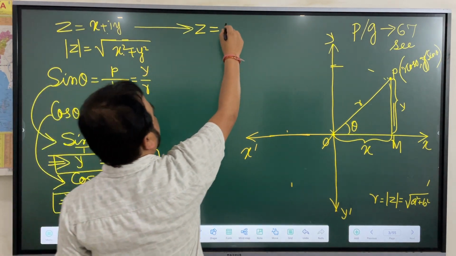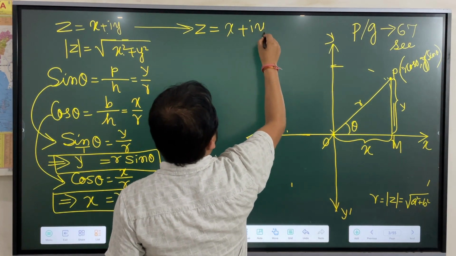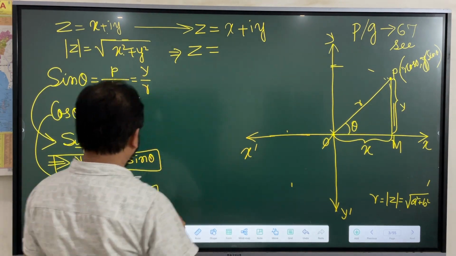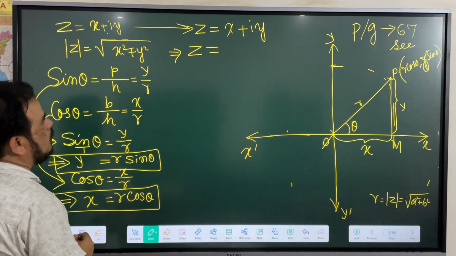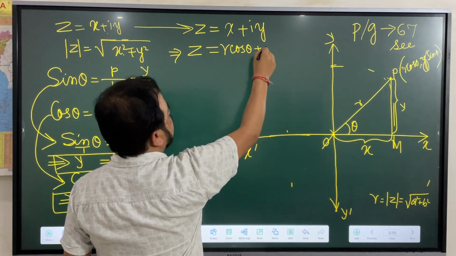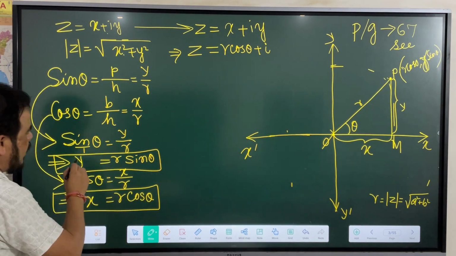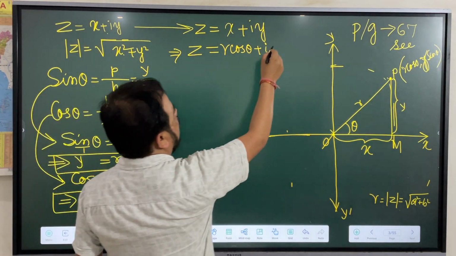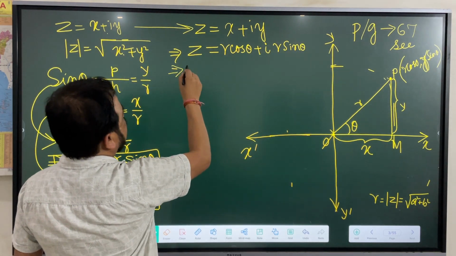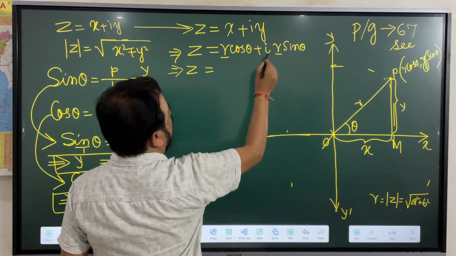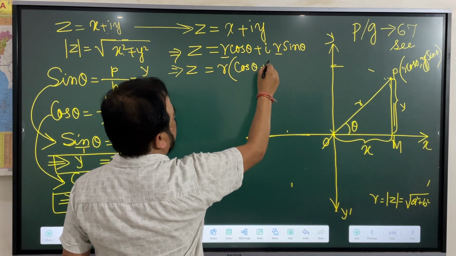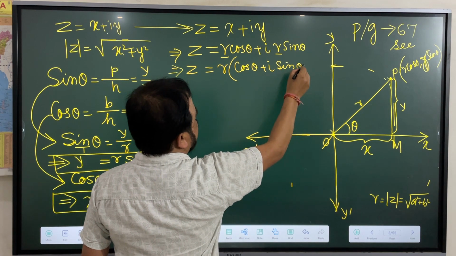So z equals x plus iy. Now what is x? x is r cos theta, plus i, what is y? y is r sin theta. r can be taken common: z is equal to r within bracket cos theta plus i sin theta.